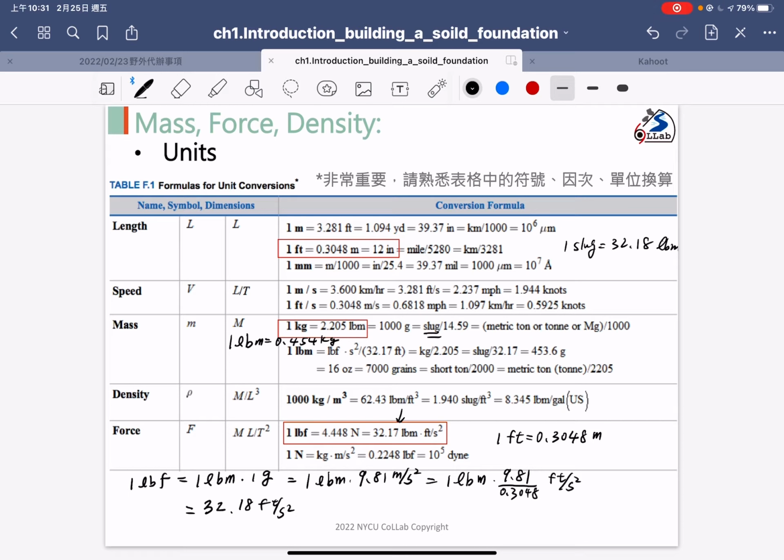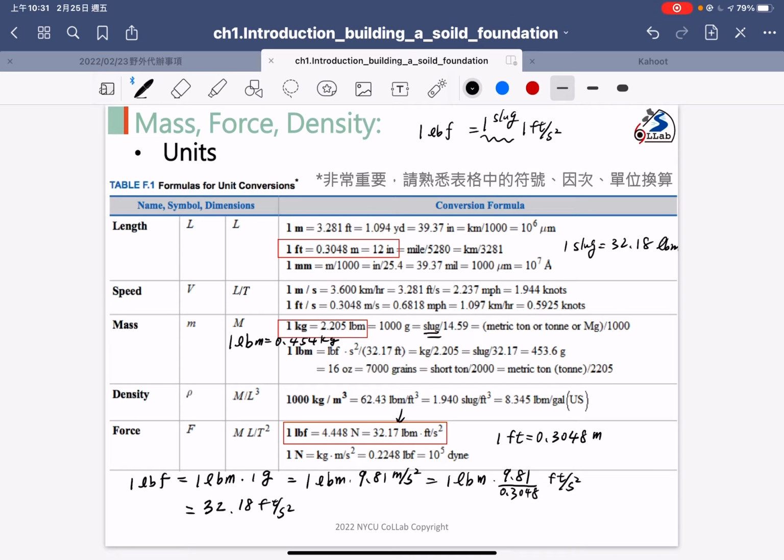Okay, so the physical meaning of 1 slug is that you have 1 pound force, and the 1 pound force gives 1 ft per second squared acceleration. And then here is the 1 slug.